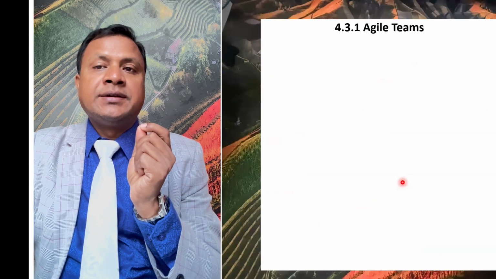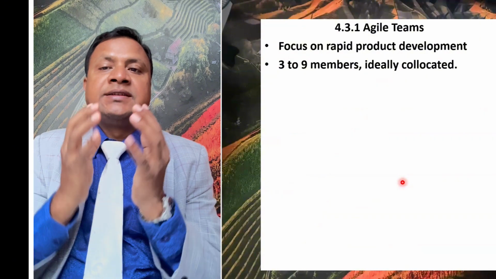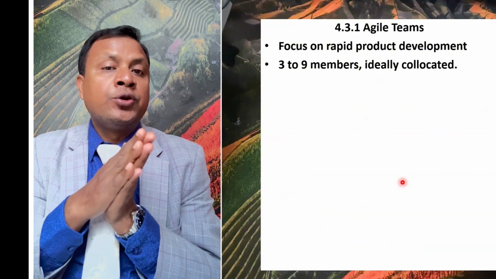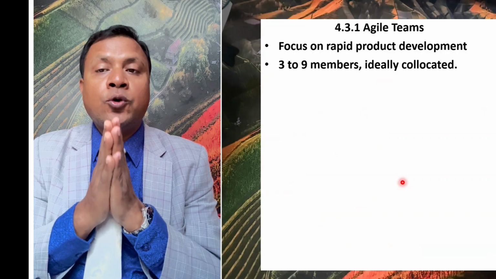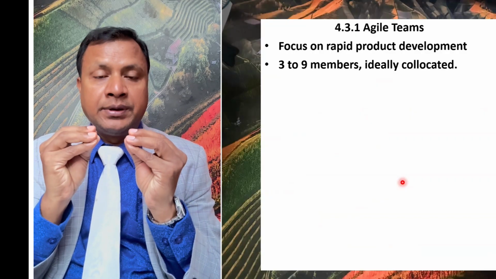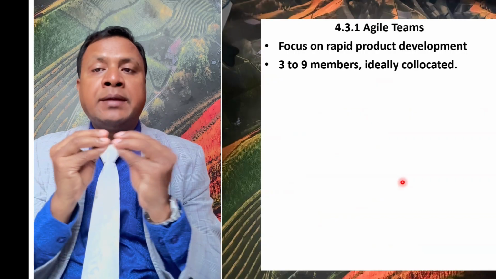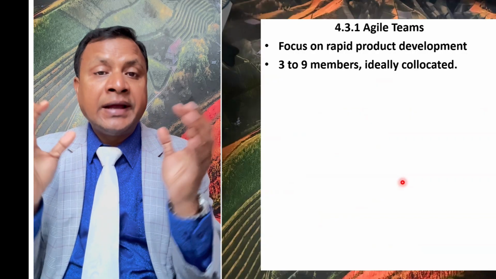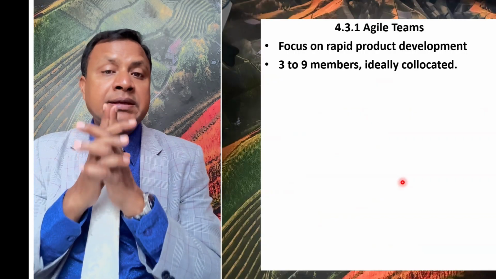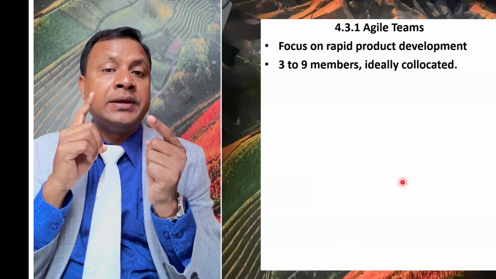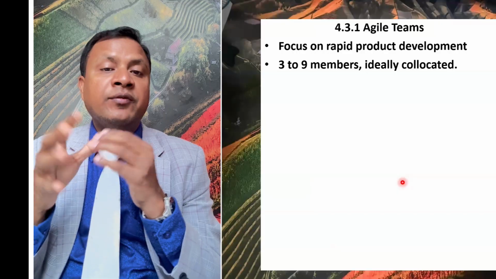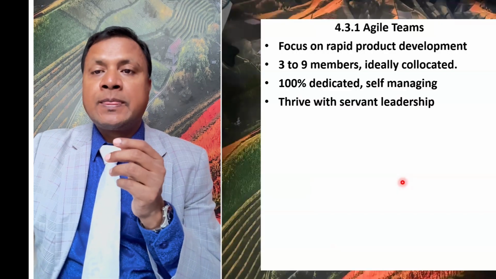So how are agile teams? Agile teams, as I have shown you in the table, now I am discussing it again. An agile team always focuses on rapid product development. Normally 3 to 9 members work together, ideally co-located. Even if they are not co-located, they communicate by using various ICT tools.